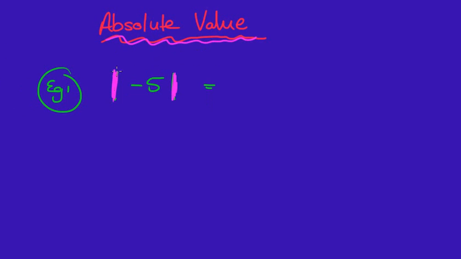So whenever you see these two vertical lines either side of a number, it's asking you to find the positive value of that number. Because if you think about this again in relation to the origin of 0, -5 is 5 units to the left of 0. So my answer is 5. Basically you just look at the answer and you're trying to make it positive.